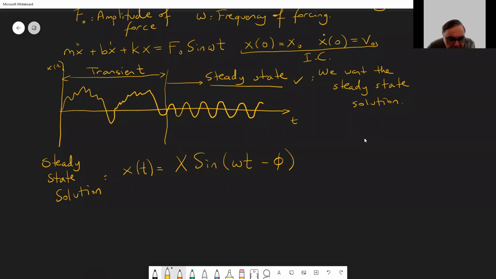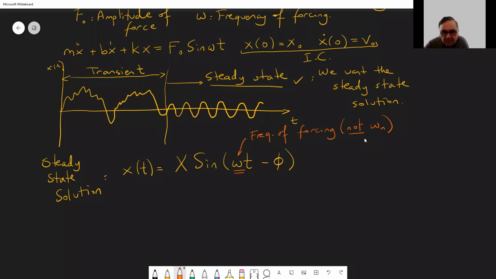And remember, this omega is not the natural frequency, but it is the frequency of forcing. Okay, the response is at the same frequency as the frequency of forcing.